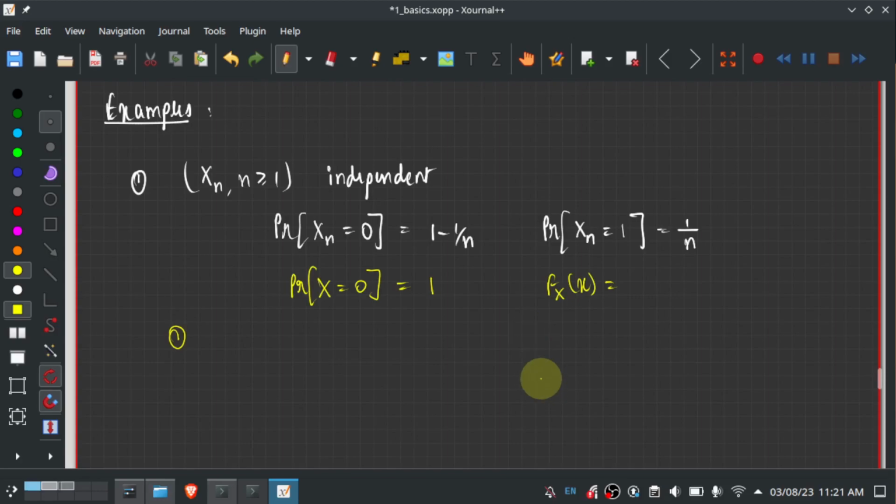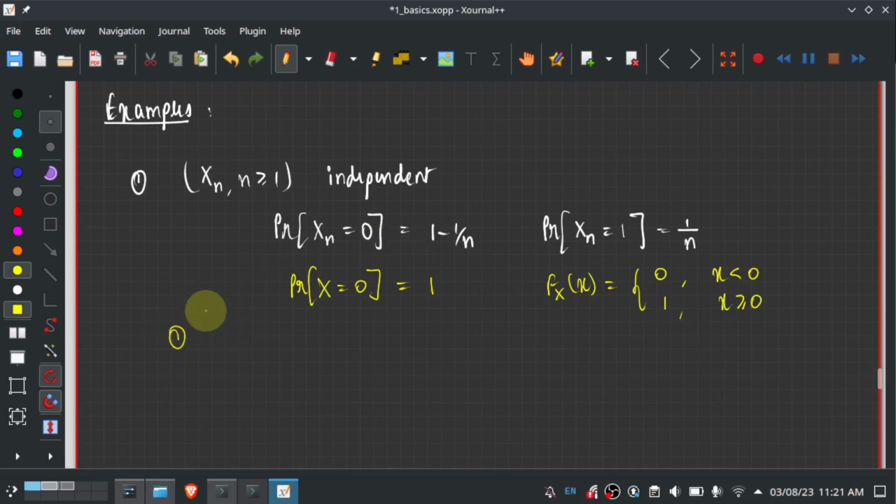It is 0 for x strictly less than 0, and it is equal to 1 for x greater than or equal to 0.